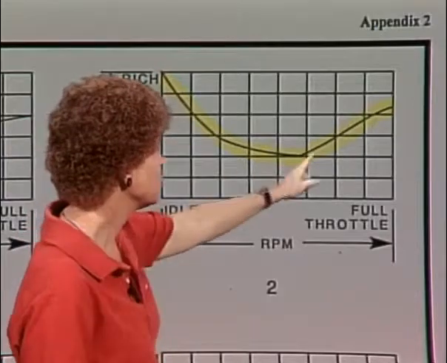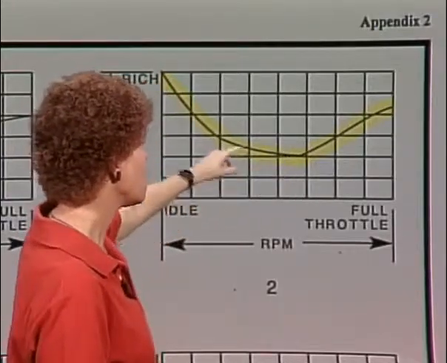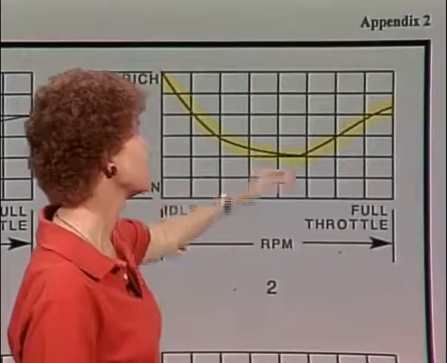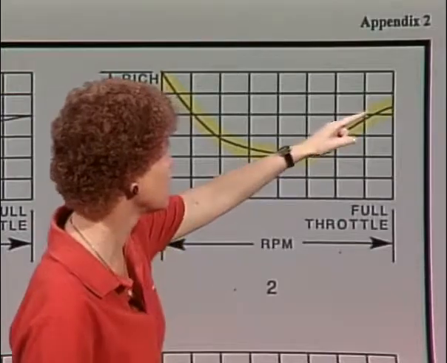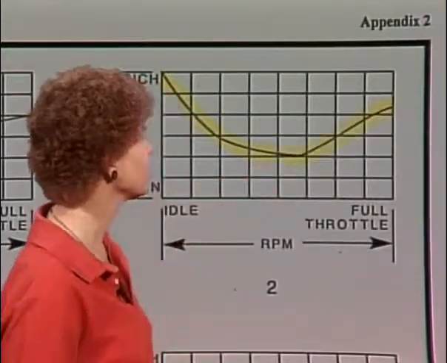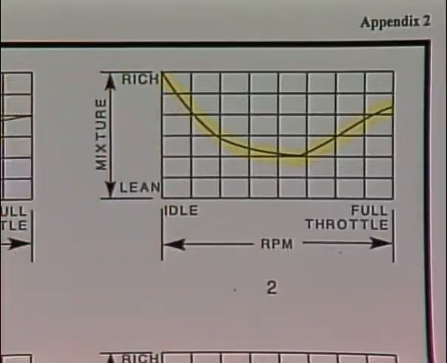When you get into the normal cruising range, then you've got a very efficient, relatively lean mixture, but as you go up to full throttle again, the mixture gets richer as the power enrichment kicks in. So curve number 2 is going to be the graph for our full operating range.